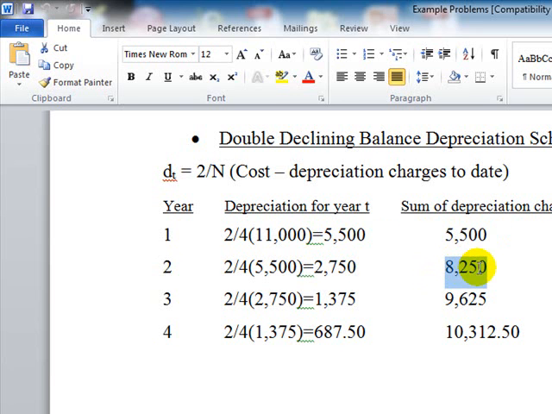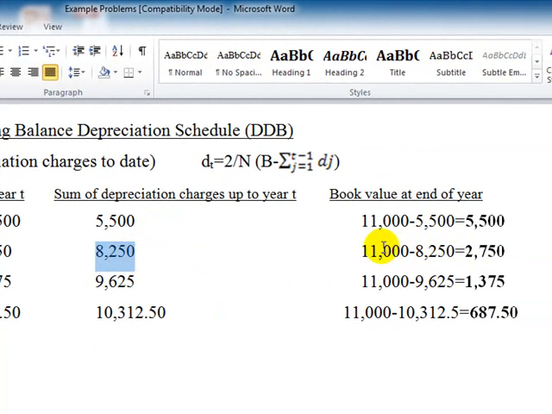Now to calculate the book value at the end of year 2, we can subtract the total depreciation for the first 2 years, which is 8,250, from the initial cost 11,000, right? So at the end of the second year, the asset, in this case the microscope, has a book value for accounting purposes of 2,750.